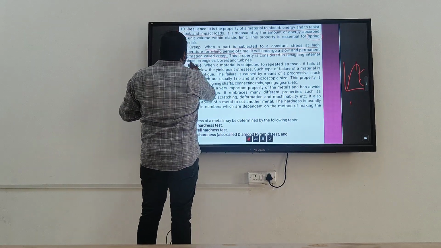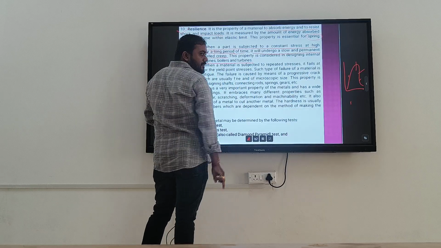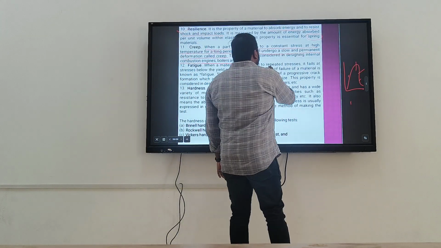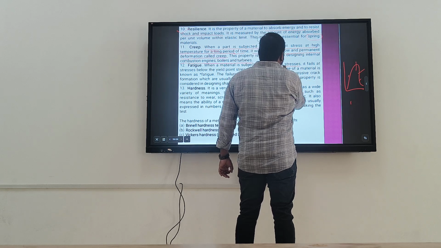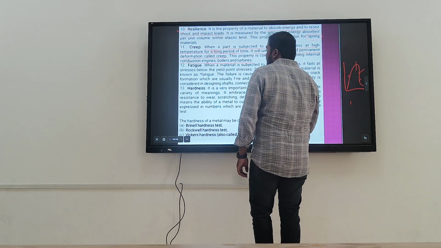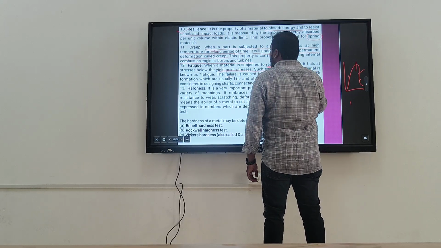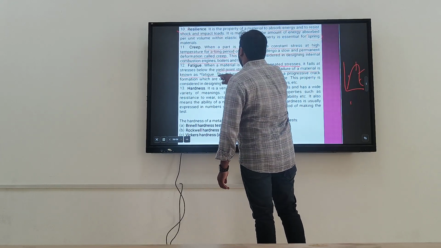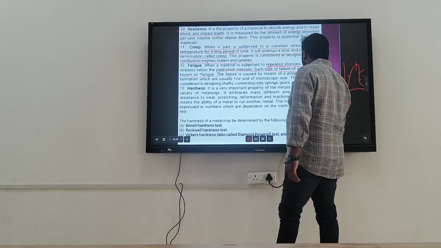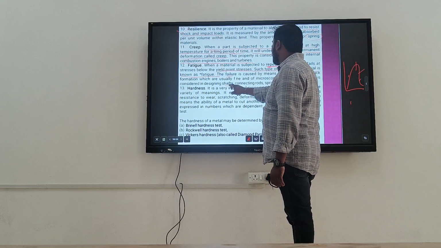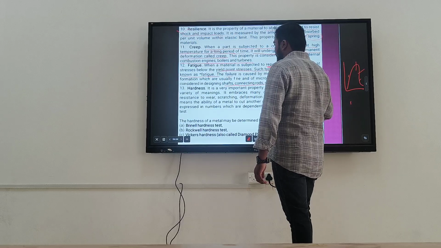Examples are IC engines, boilers, and turbines. Fatigue. When a metal is subjected to repeated stress, remember that line: repeated stress, below the yield point stress, such type of failure of the material is known as fatigue. Examples are shafts, springs, gears, etc.